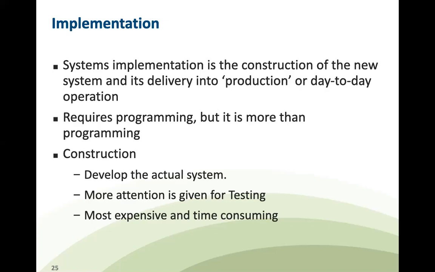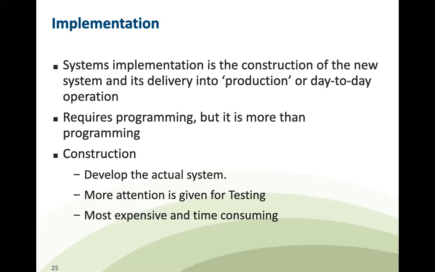Construction, because you have to test, collect feedback, and then make changes in the proposal likewise. So there are a lot of things happening under this implementation stage. Basically, under construction, what is done is to develop the actual system.